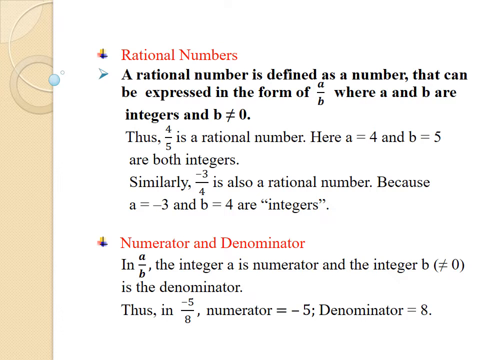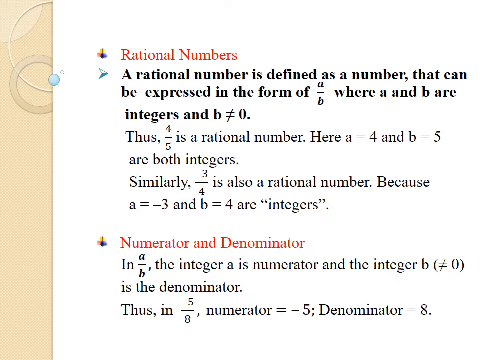Every integer is a rational number. For example, minus 1 equals minus 1 upon 1. Minus 2 equals minus 2 upon 1. Minus 3 equals minus 3 upon 1. And so on.